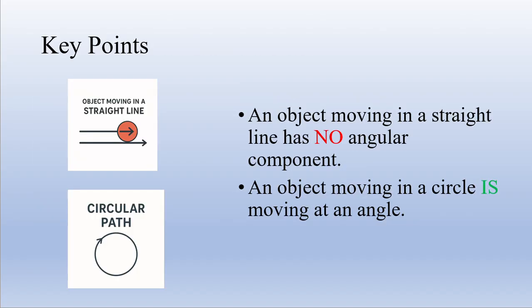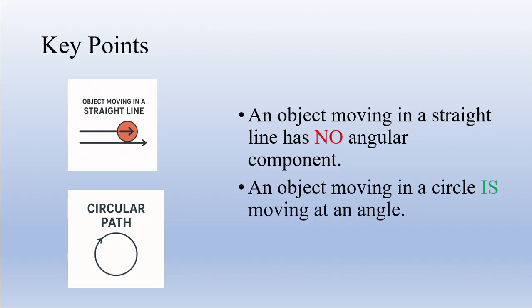Moving on to some key points. The first thing you need to understand is that an object moving in a straight line has no angular component. So if you see an object moving in a straight line, you don't need to worry about the angles too much. An object moving in a circular path is moving at an angle.